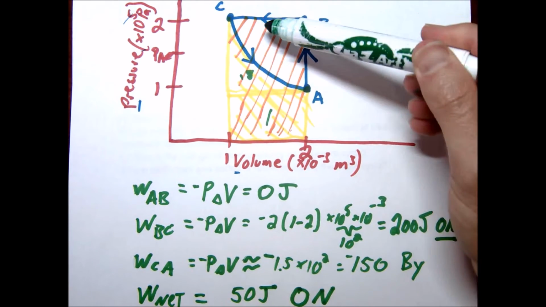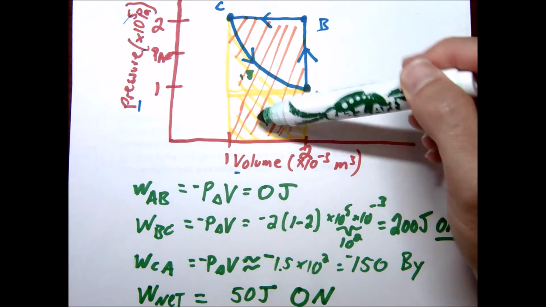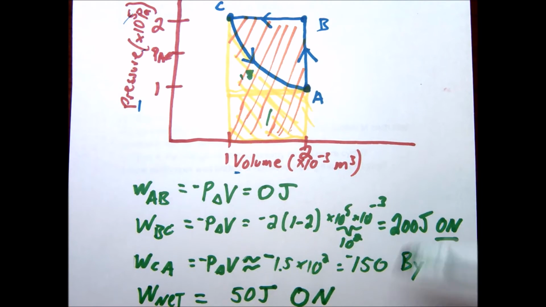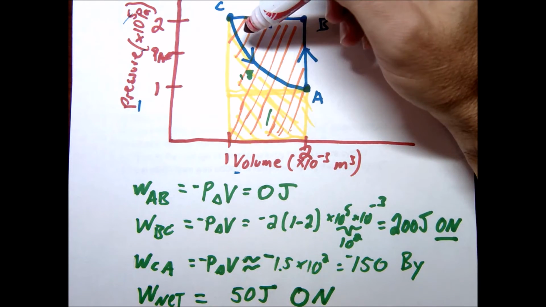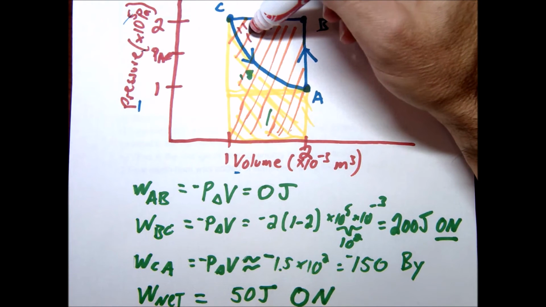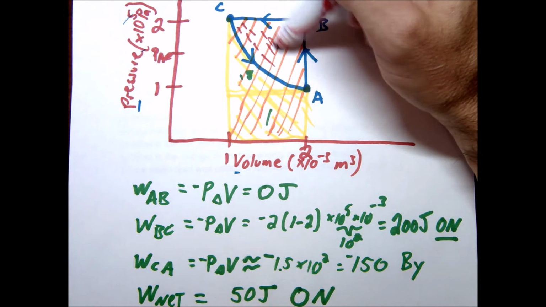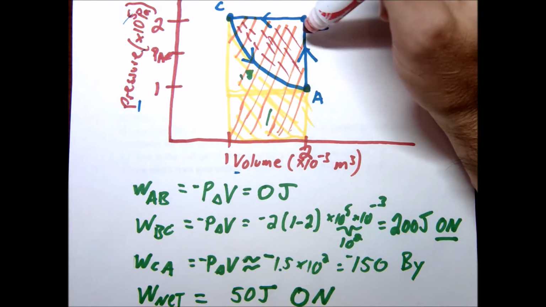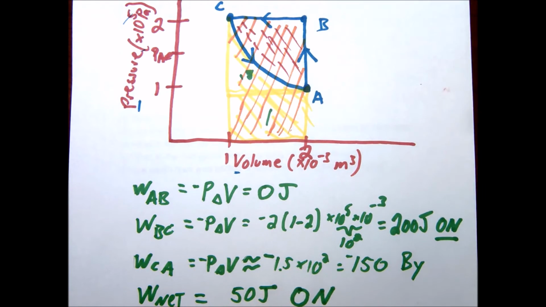That was B to C. We took this yellow area, that was C to A, and then we ultimately subtracted those two. So in fact, the net work is essentially the area enclosed by our cycle, and that's going to be our net work on or by the system.